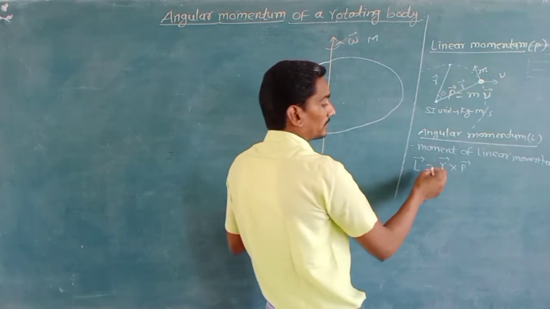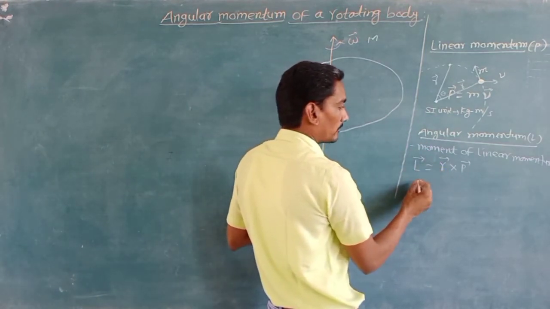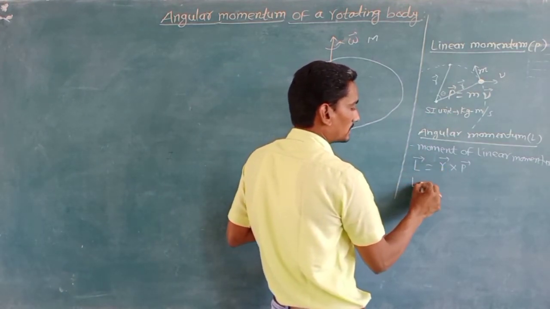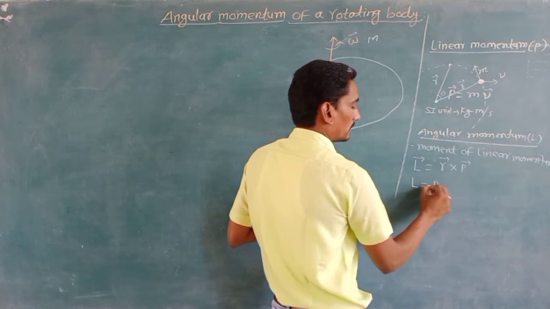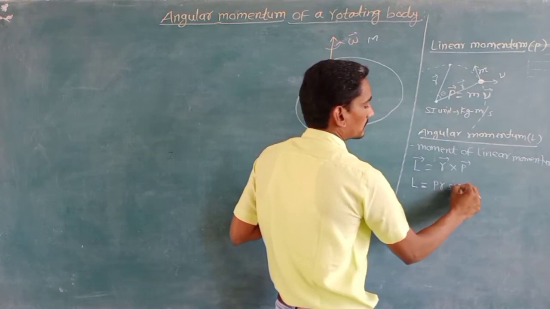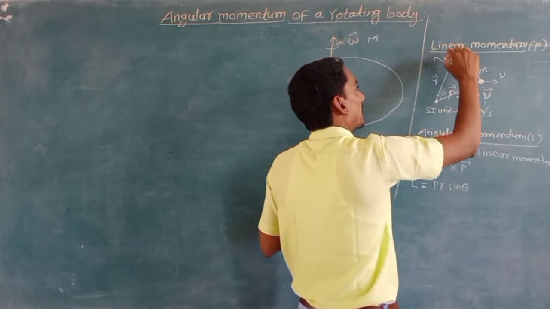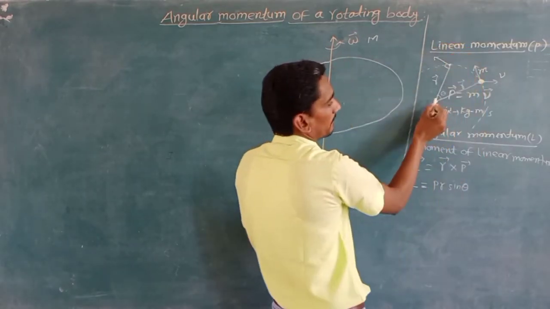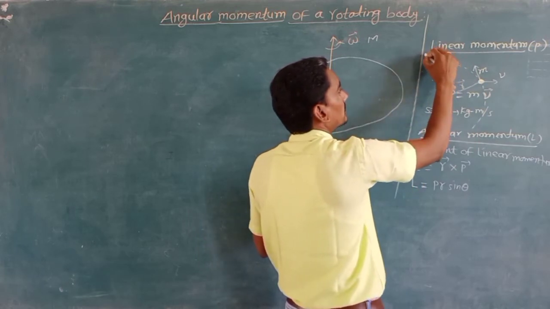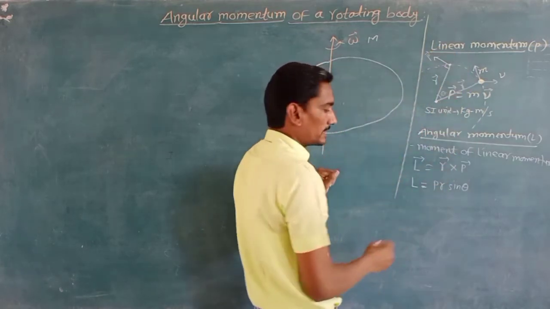If we determine the magnitude of the angular momentum, then we can write L equals P r sine theta. And we know that the angle theta between this r vector and this p vector is 90 degrees.